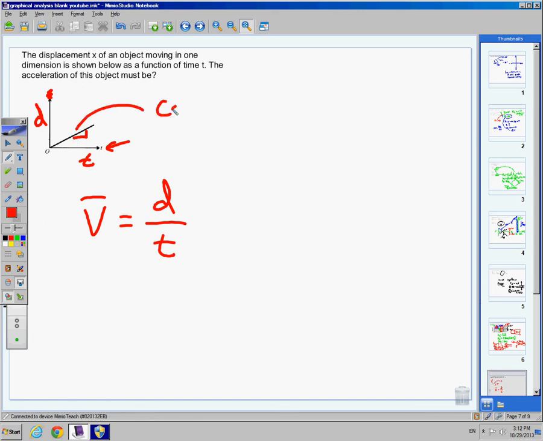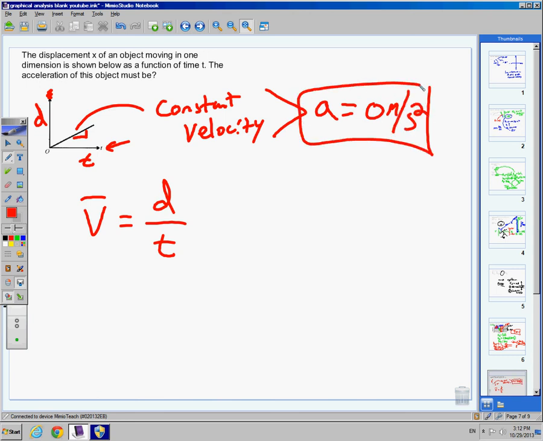So this line gives me a constant velocity. And so it says displacement in one dimension, the acceleration. Well, since it's constant velocity, a has to be equal to 0 meters per second squared. Since it's not changing speed, there is no acceleration.